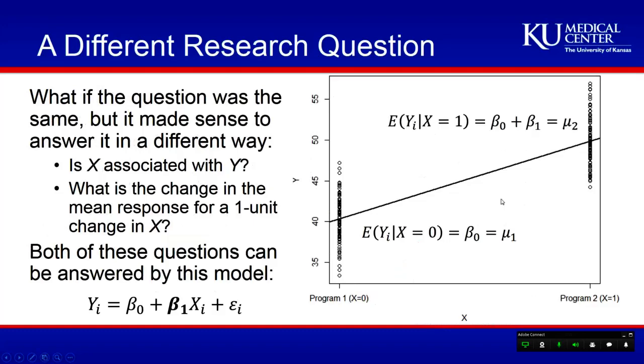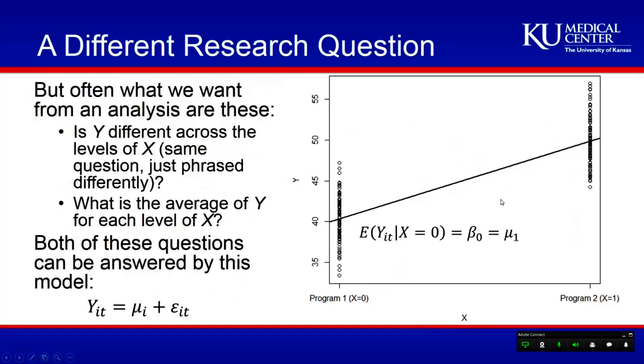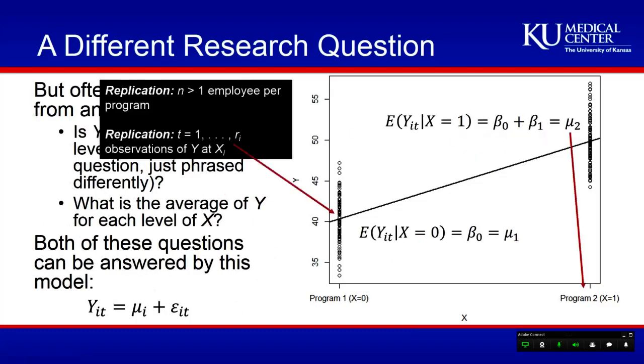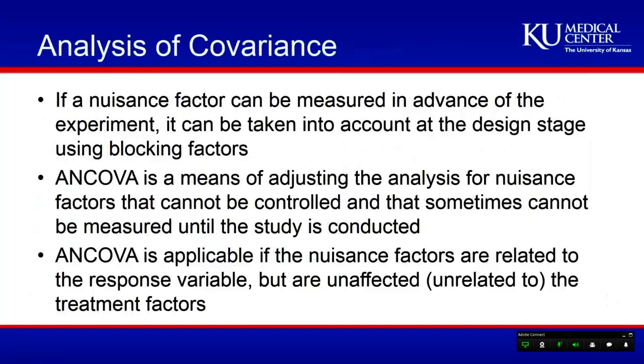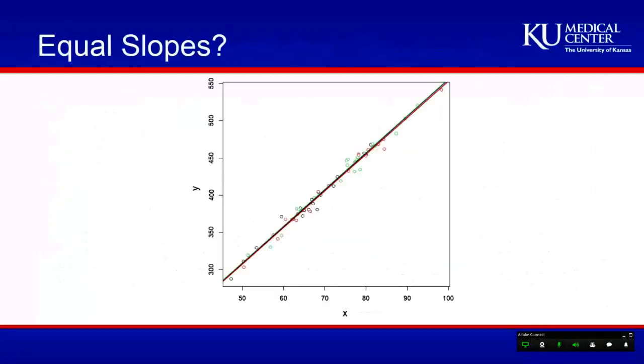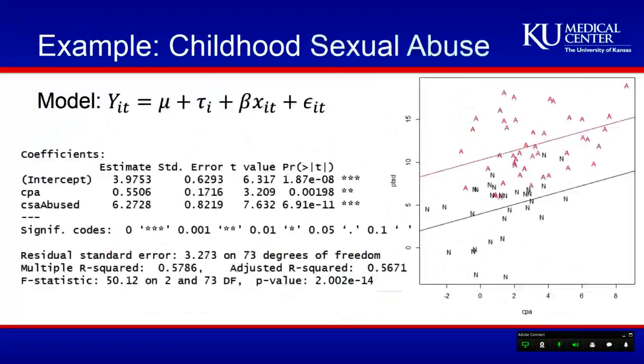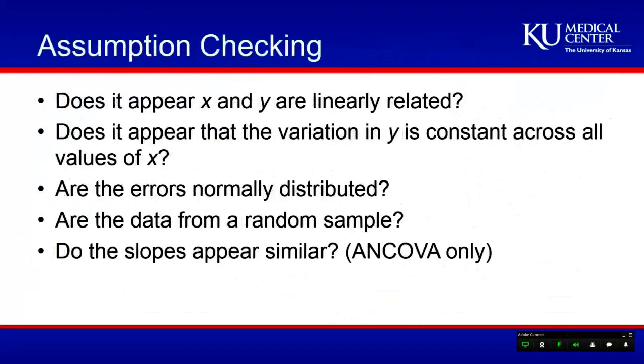That can greatly impact the validity of your estimates and your ability to actually detect a relationship between X and Y. So visualizing, again, just a scatter plot will tell you whether or not variation in Y is constant across all values of X. Does it appear to be increasing as X increases or decreasing as X increases? If that's the case, then you have a problem with one of your assumptions.